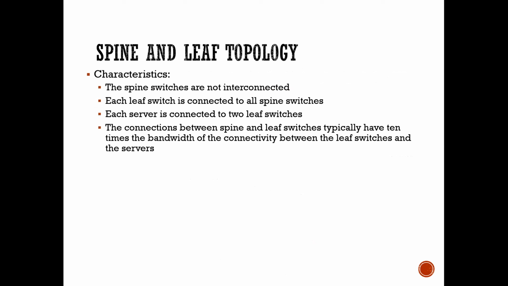طيب ايش ميزه spine and leaf topology؟ The spine switches are not interconnected، غير متداخله. Each leaf switch is connected to all spine switches. كانوا الان كلها متصله في جميع السويتشات.